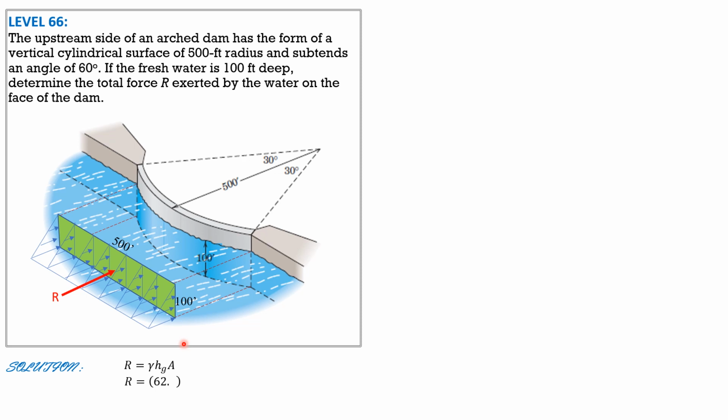So R equals 62.4 times 50 times 500 times 100. So R equals 156.0 times 10 to the 6 pounds. So that's the resultant force exerted by water on the face of the dam.